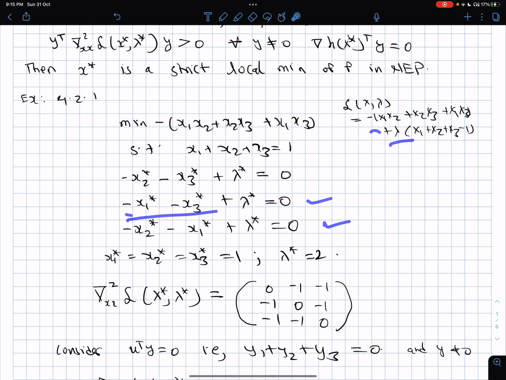And when you take the partial derivative with respect to x3, you will get minus x2 star minus x1 star plus lambda star equal to 0. So then basically from the symmetry, we can easily argue that x1 star equal to x2 star equal to x3 star equal to 1/3. You can brute force also work it out. This much will come out of symmetry.